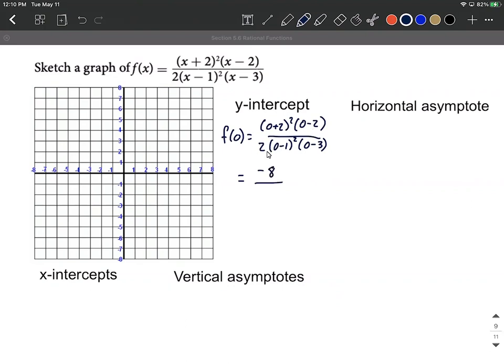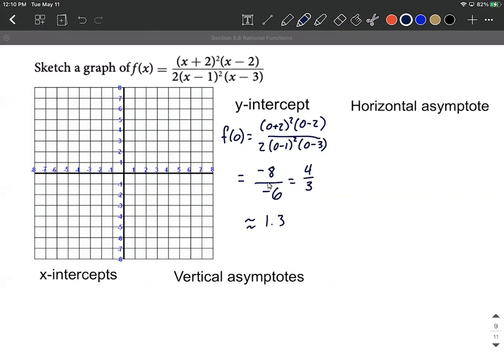Over, let me see, this is 2, and then negative 1 squared is going to be 1. So 2 times 1 is 2, times negative 3 is going to be negative 6. Or with a little simplifying down, we can say that's 4/3. Or for an approximation on our graph, let's use 1.3 approximately as far as putting a point on our graph.